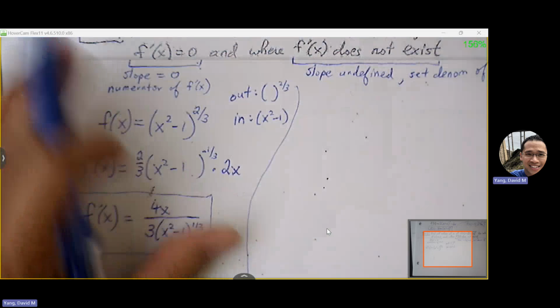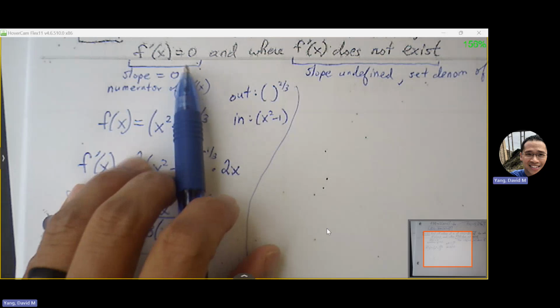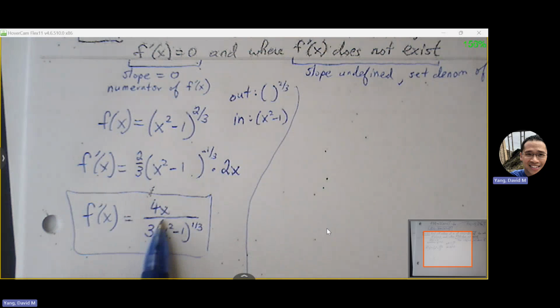So I want to find values where f prime is equal to 0, so I'm going to set the numerator equal to 0 to find that. What happens if I set 4x equal to 0? x equals what? x equals 0.